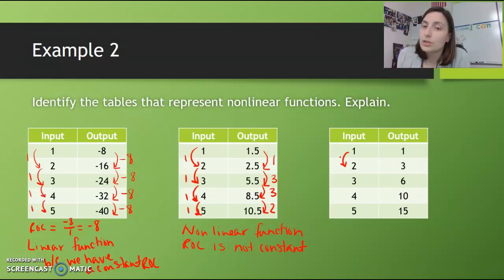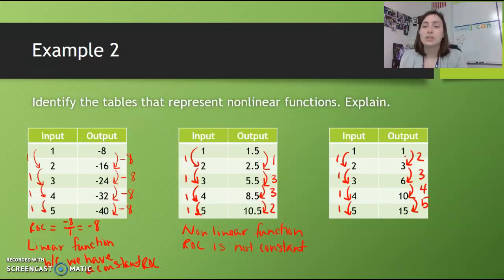So from 1 to 2, again that's 1, 2 to 3, a change of 1, 3 to 4, a change of 1, 4 to 5, a change of 1. And then 1 to 3, we increase by 2, 3 to 6, we're increasing by 3, 6 to 10, we're increasing by 4, and 10 to 15, we've increased by 5. So again, we are not a linear function because our rates of change are different, because here I have 2/1, 3/1, 4/1, 5/1.